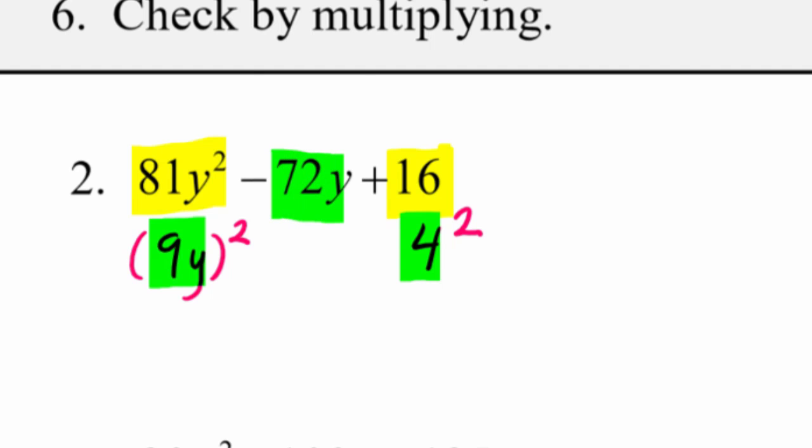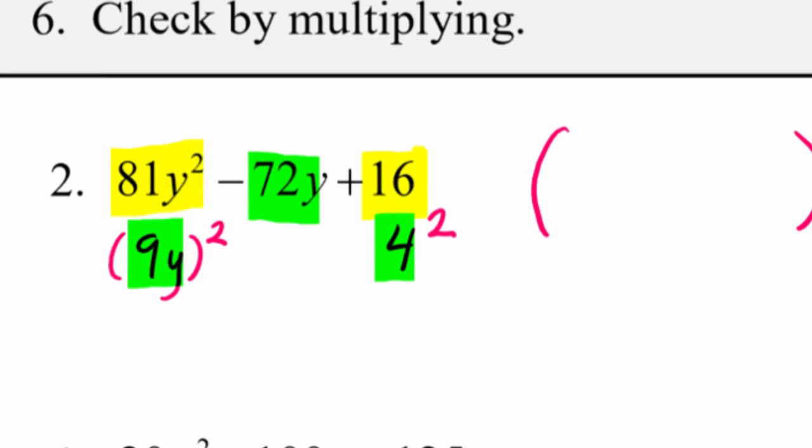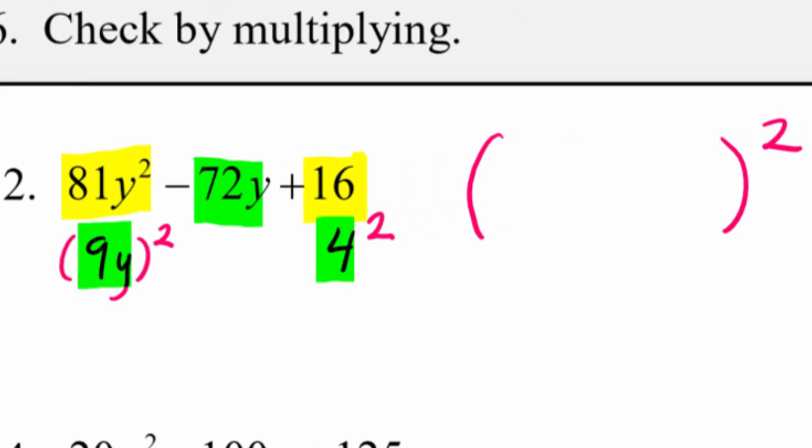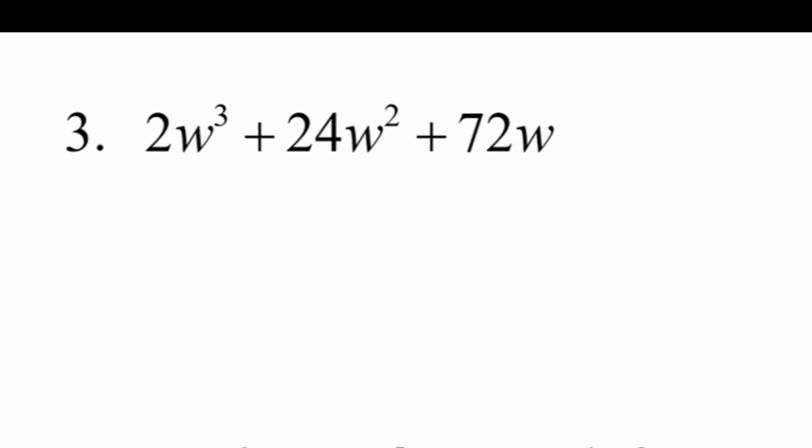So we got that right. But did you notice that we have a negative middle term? So what that means is that when you square your binomial, it's going to be a difference. There's going to be a minus sign in the middle. So 9y minus 4, squared.